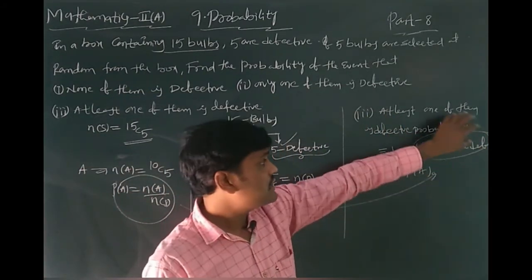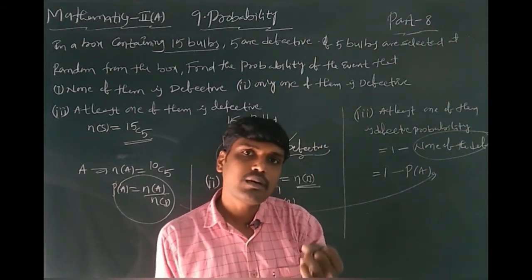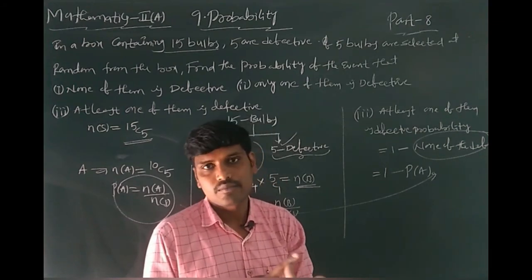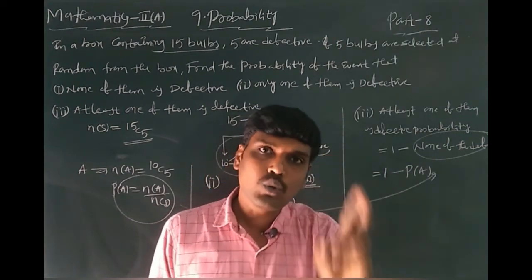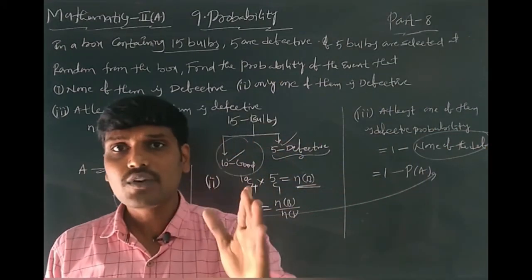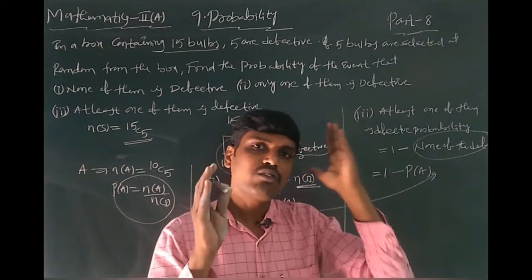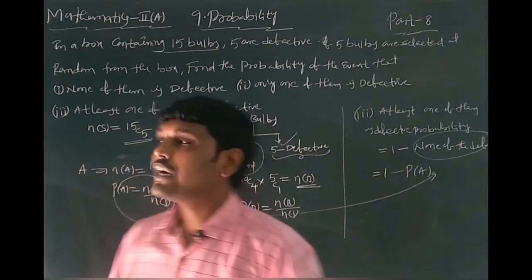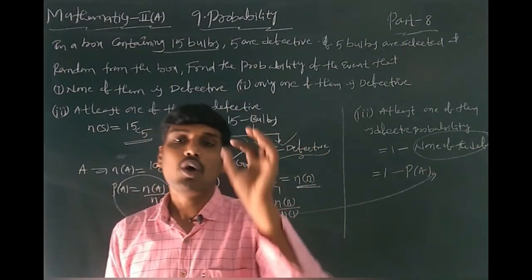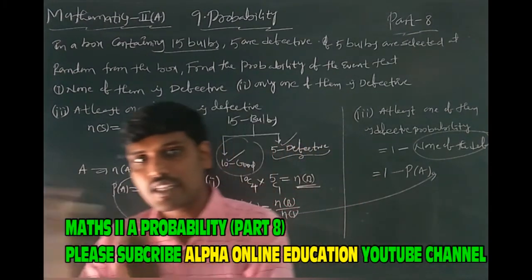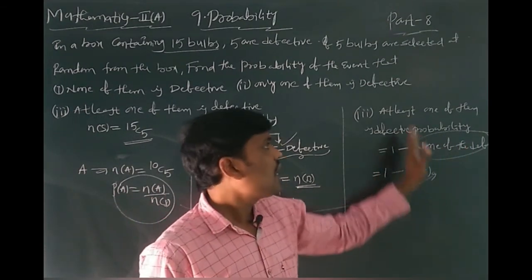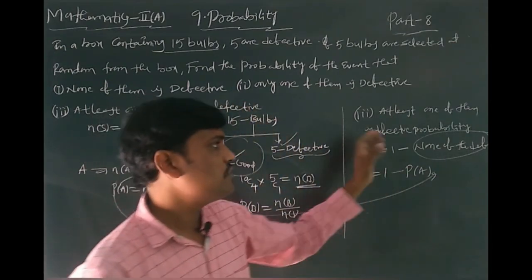Okay students, in the probability of at least one, it can be 1, 2, 3, 4, or 5. Here 1 can be defective, or 2 also, 3, 4, 5. Even 5 bulbs can be defective, that is what at least means. That's why for the total probability you write 1, and subtract the probability of none of them being defective, that is the probability of all good bulbs. 1 minus the good bulbs probability gives the probability that at least one bulb is defective.